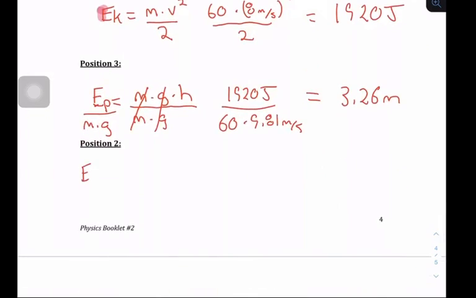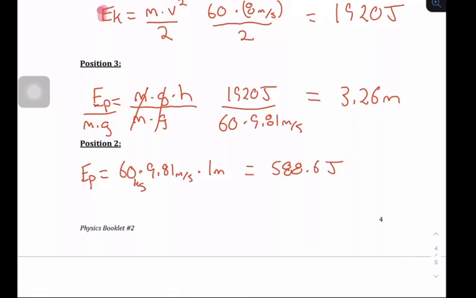So potential energy at position 2, the mass is 60. Gravity is 9.81. The height is 1 meter. When I multiply those together, I get, as potential energy, 588.6 joules.